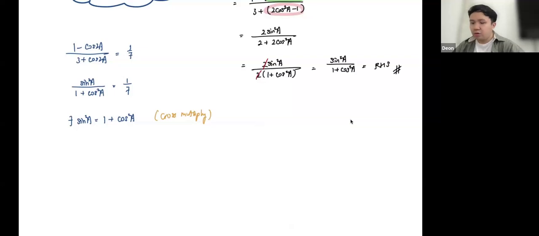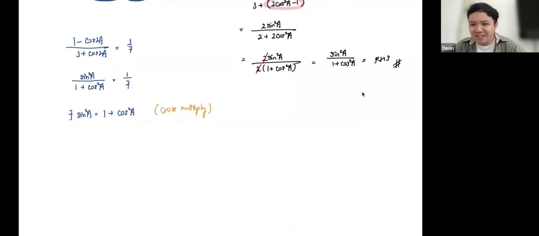Now we have reached another bypass. Now what? Again, remember what our objective is. Our objective is to get a simple trigo ratio. This is obviously not simple at all. Because it is not simple, I need to use my identities to make it simple.